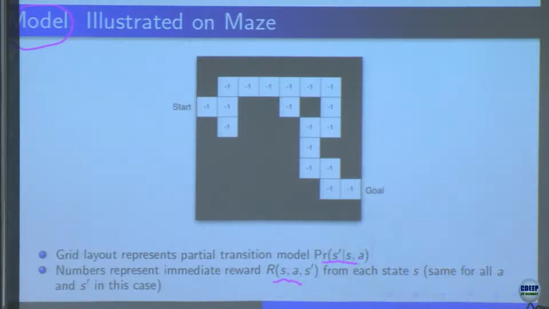Reward and the probability both have similar three arguments, S prime, S and A. The probability of transitioning to S prime given I took an action A and my previous state was S, right? My probability of being in a particular location after I went north given that I was in some other location, that's the semantics, and the reward associated with this transition. So these two are often referred to as the model.